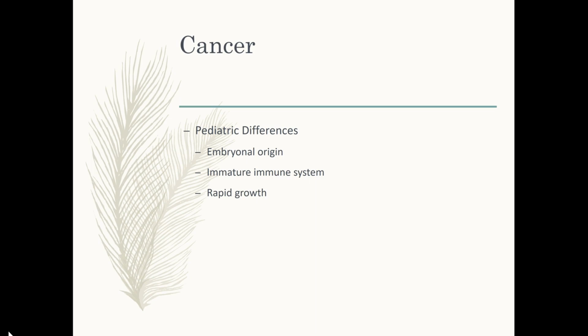And then they are in a constant state of rapid growth, so their cells are changing and growing so rapidly that sometimes the body can't keep up with it. Another difference is that their cancers tend to start deep in the body, like in the abdominal cavity, and a lot of times the cancer is farther along or pretty big before we even catch it.